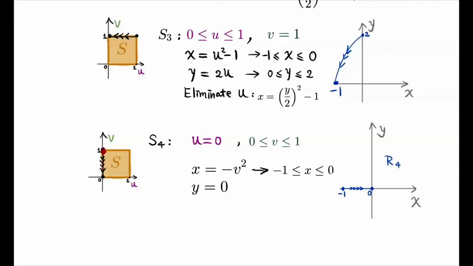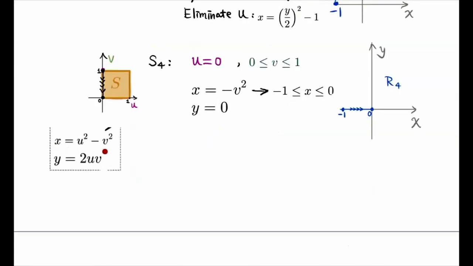Finally, for this side S4, from here to here, u is equal to 0, v is greater than or equal to 0, less than or equal to 1. Substituting u equal to 0 in the two equations here, we get x is equal to negative v squared and y is equal to 0.